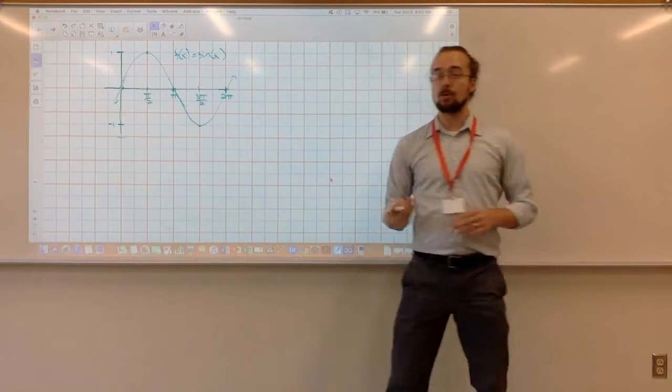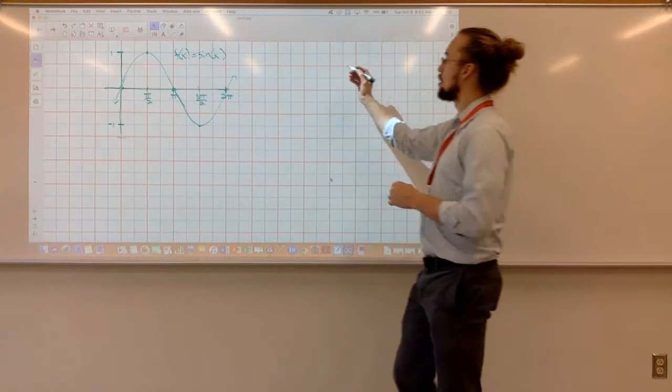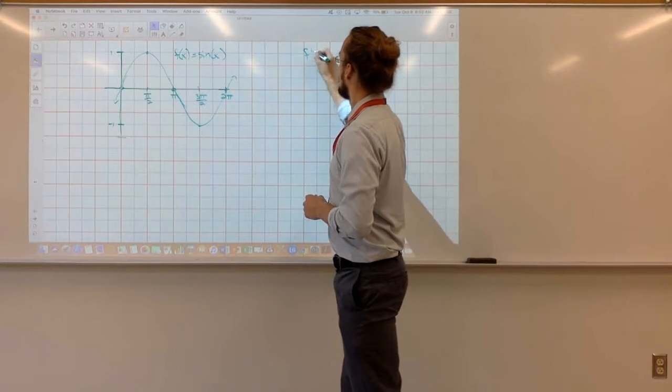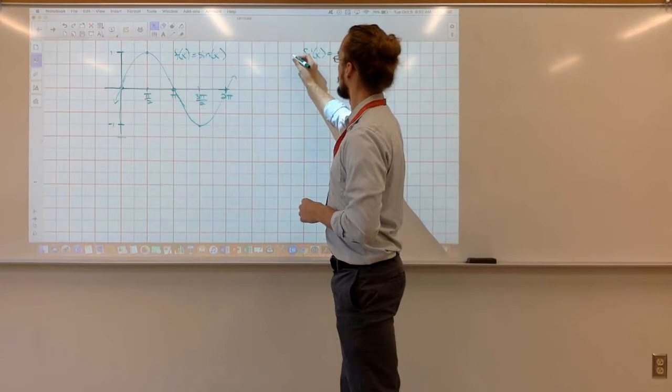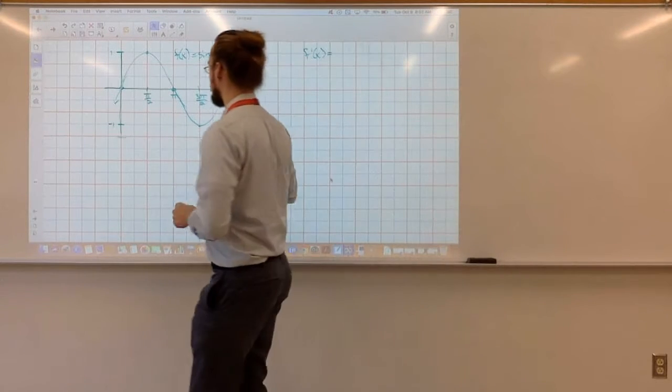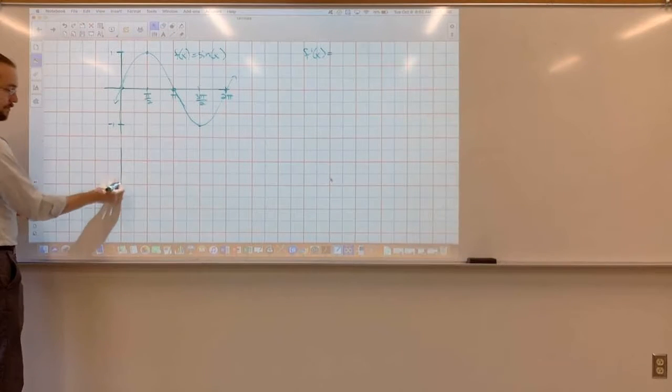Now, what I want to do is think about graphing its derivative, f prime of x, and figure out what this is going to look like. Let me do it underneath instead of the side.